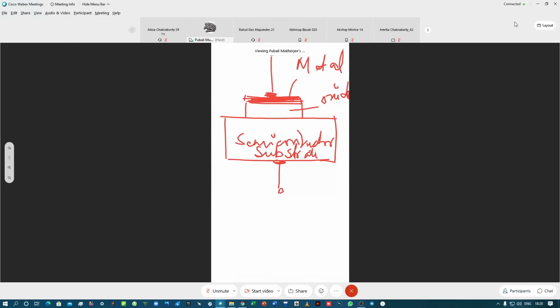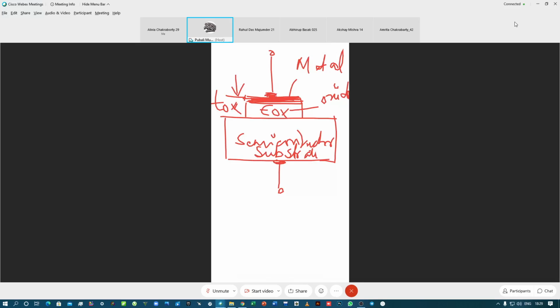And this is epsilon OX. OX stands for the oxide layer. It is the permittivity of the oxide layer. Epsilon OX is the permittivity of the oxide layer, and this is the thickness of the oxide layer. TOX is the thickness of the oxide layer.